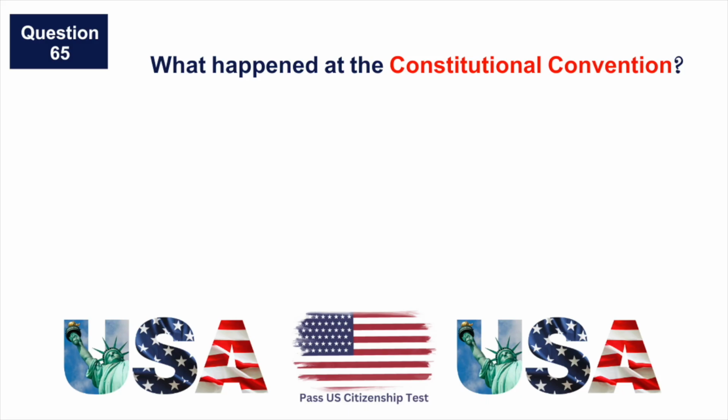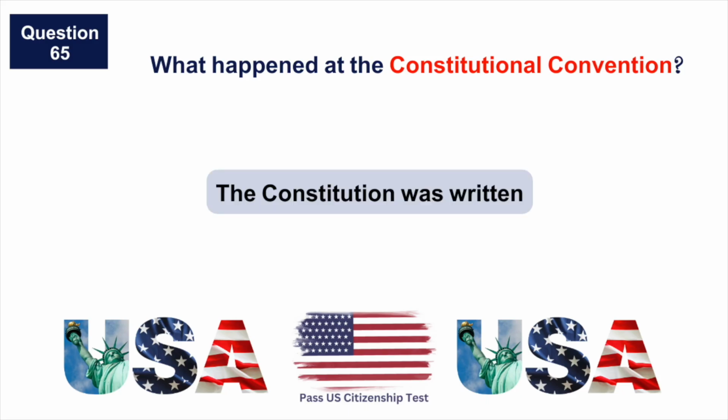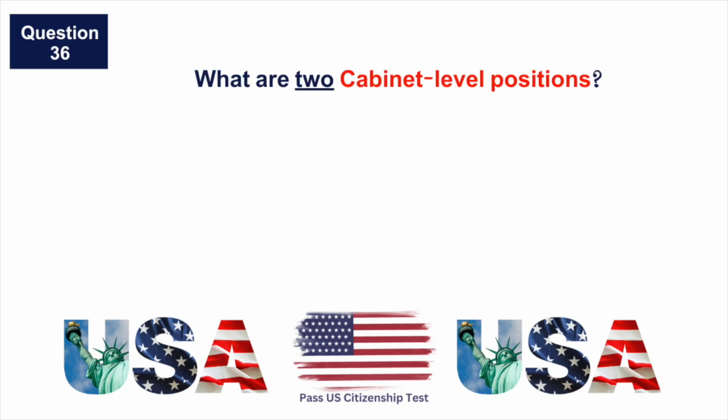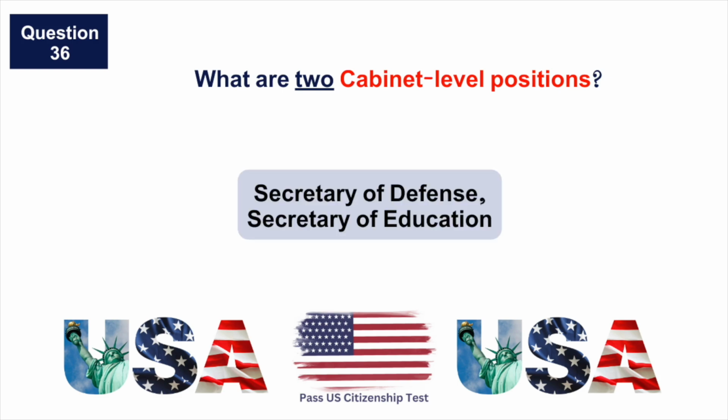What happened at the Constitutional Convention? The Constitution was written. What are two cabinet-level positions? Secretary of Defense, Secretary of Education.